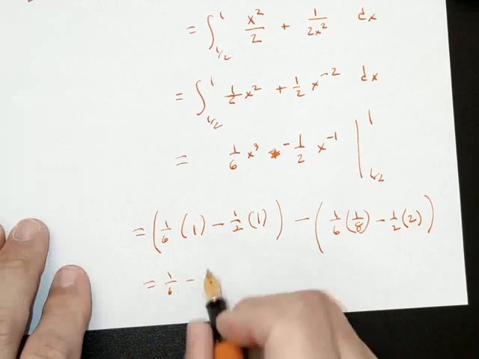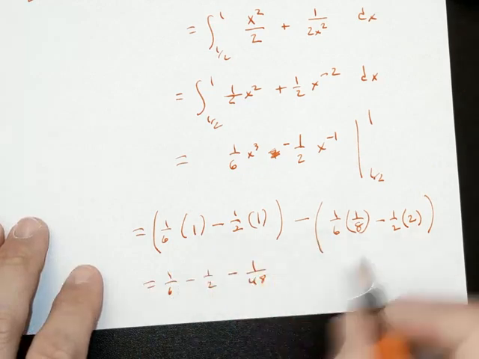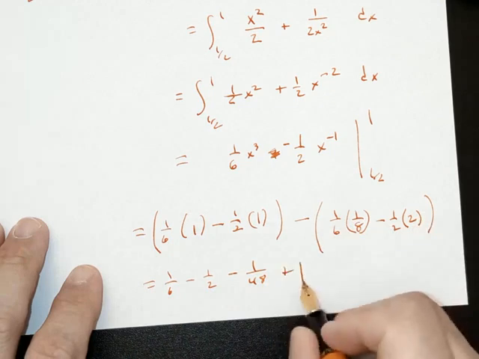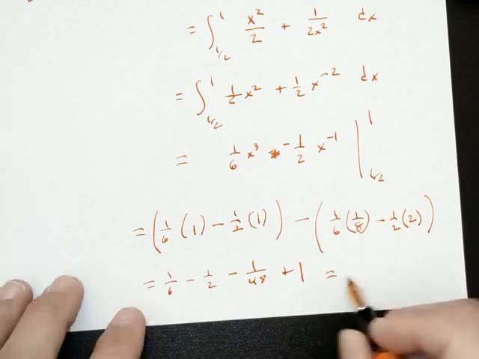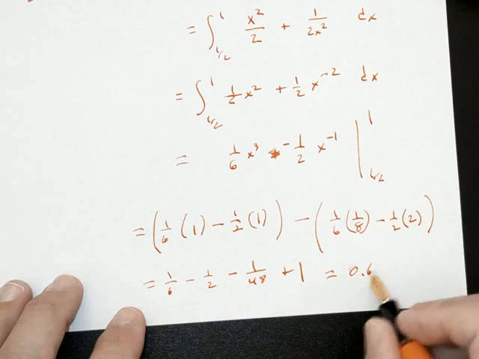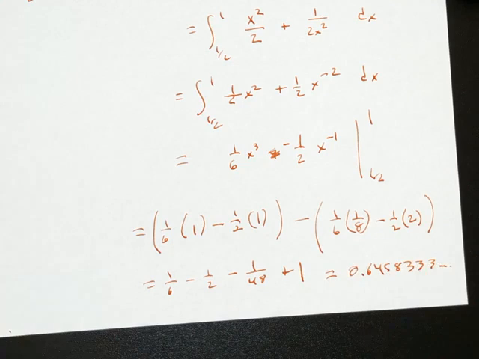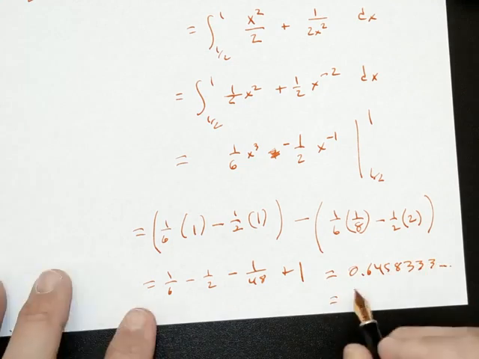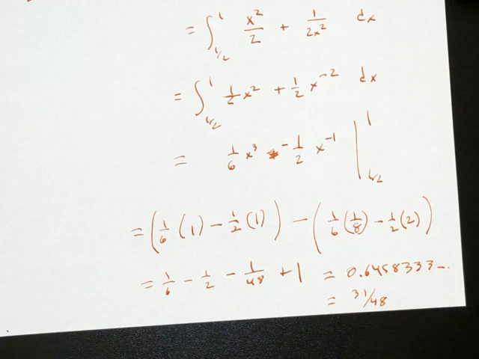I get 1/6 minus 1/2 minus 1 over 48 plus 1. Which, if I stick that into a calculator, I get some nasty looking decimal, 0.645833, and so on. If you do it as a fraction, you get 31 over 48. Because you can do a common denominator there.